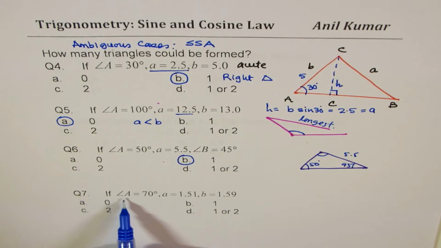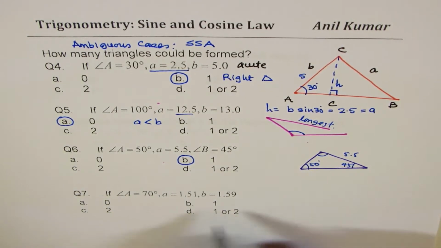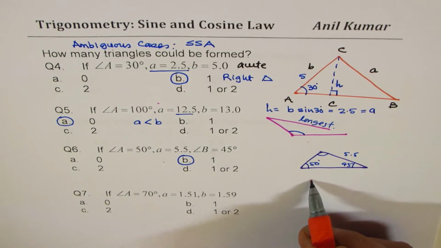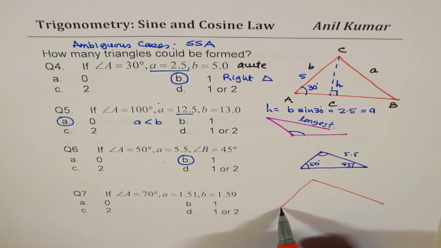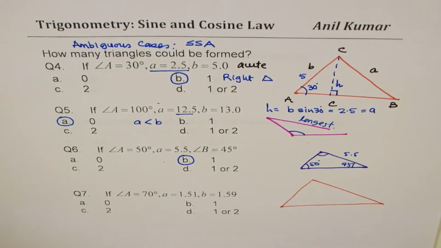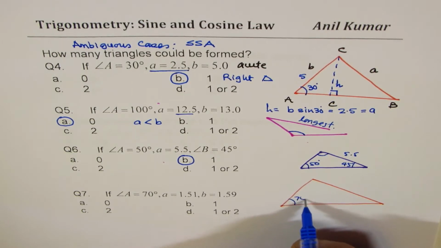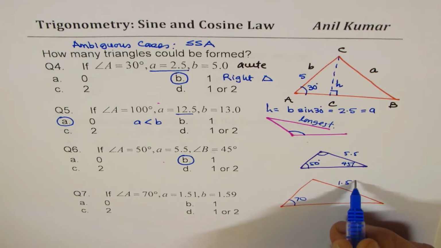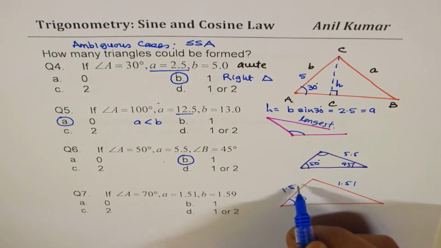Question number 7. Angle is 70 degrees and we are given the sides. We are given two sides. Now in this particular case, let us sketch this. Okay. We are again given acute angle. So acute angle is 70 degrees and the sides are A 1.51, B is 1.59.